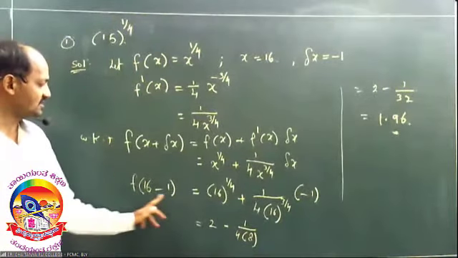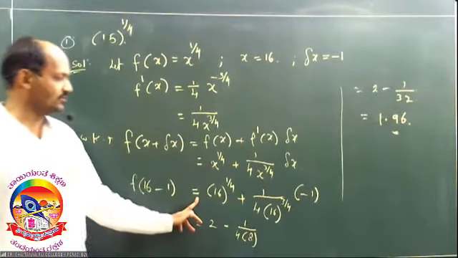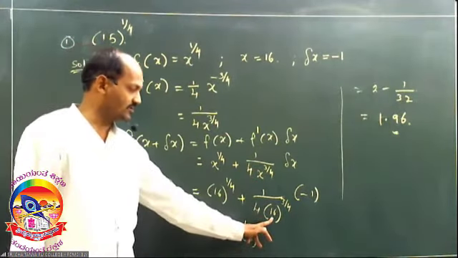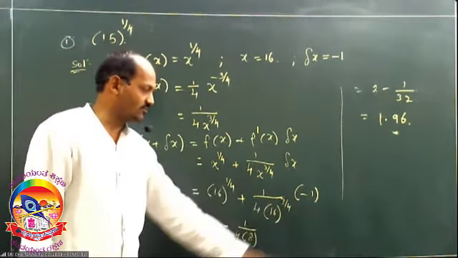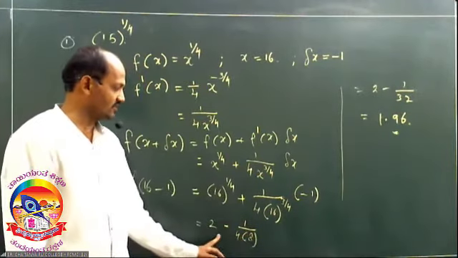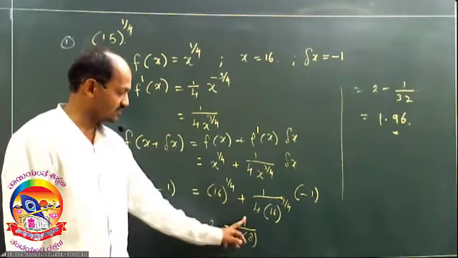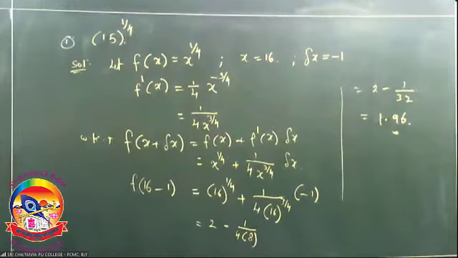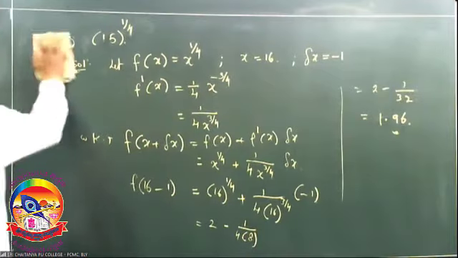So f of 16 minus 1 is equal to 16 power 1 by 4 plus 1 divided by 4 into 16 power 3 by 4 into minus 1. So it is 2 minus 1 divided by 32. That is 1.96 approximately. Okay? Completed? Right. Next question.